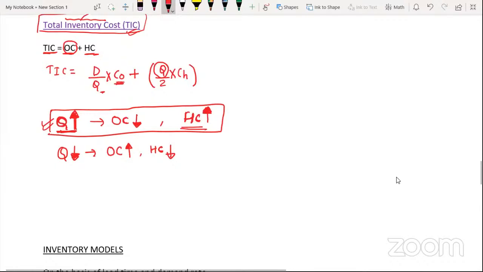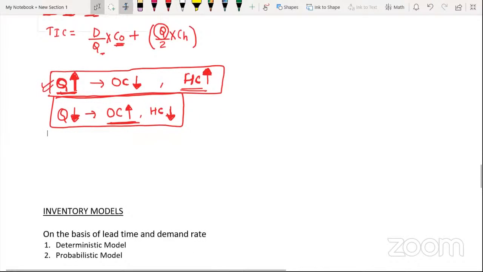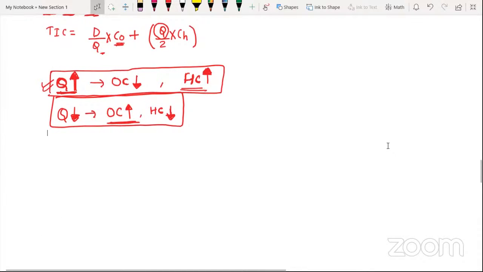So you must order the optimum quantity. How to get the optimum quantity?